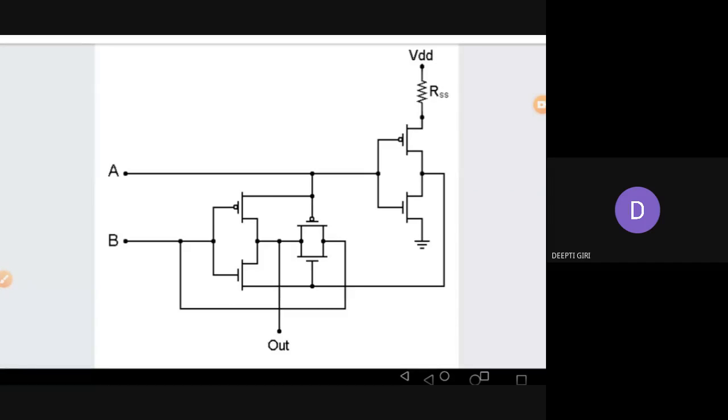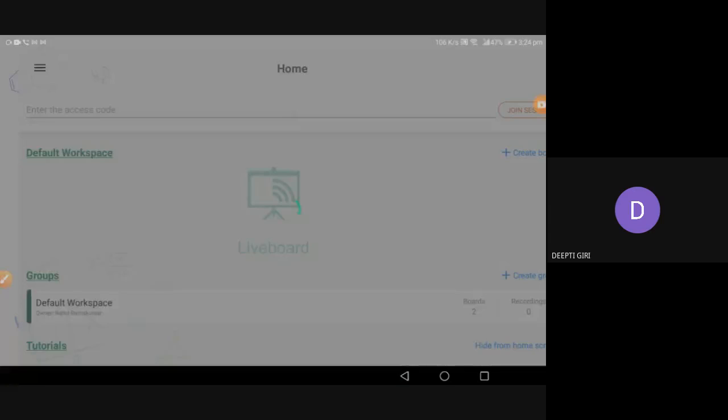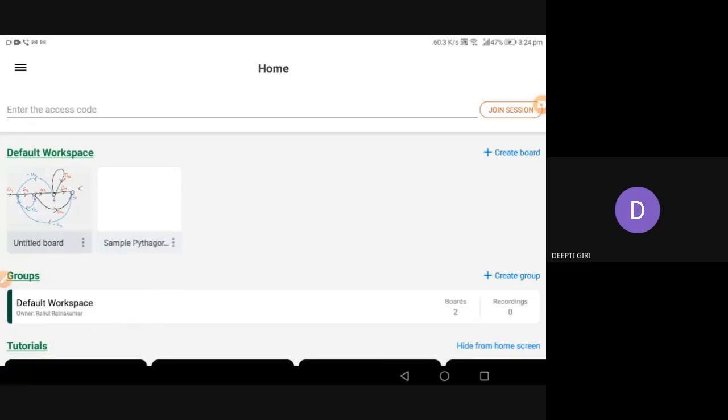So this circuit, I think, has two parts. We'll discuss once more what those parts are.